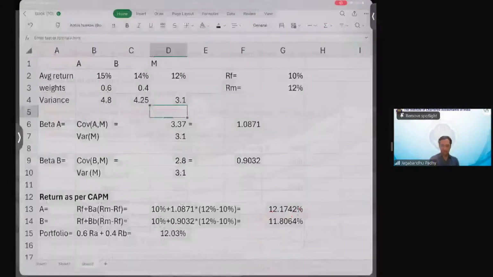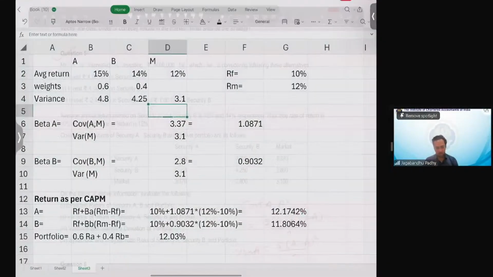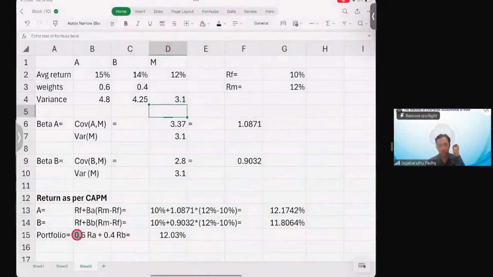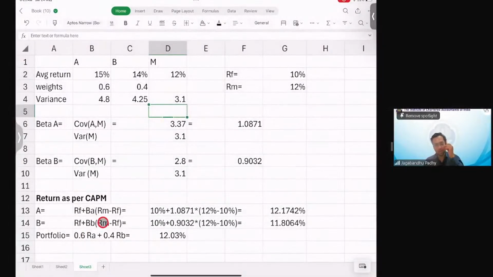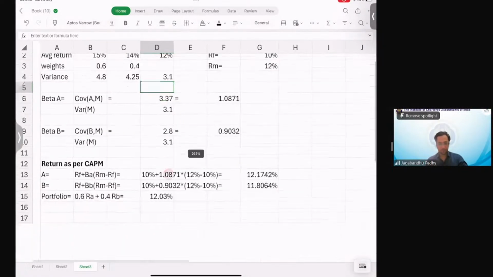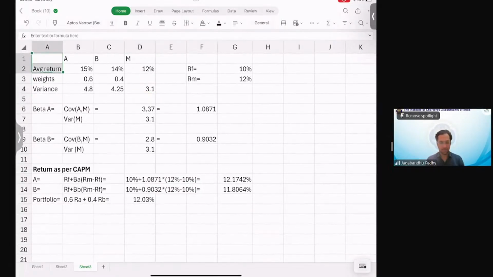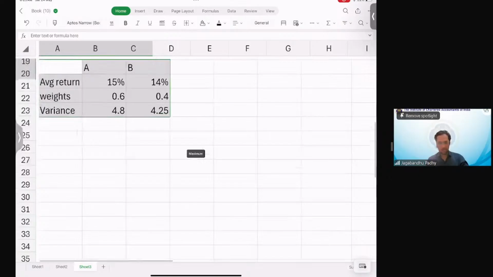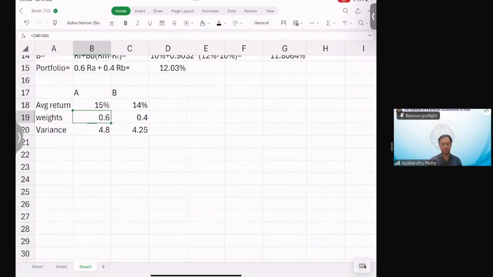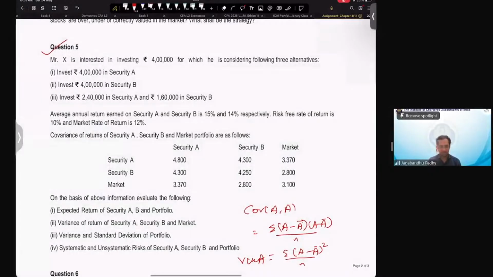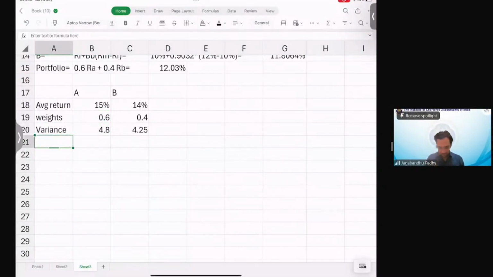So we now have to calculate the variance and standard deviation of portfolio. To do that, we need the covariance between A and B. We have the variance of A and B, we have the weights, we have the average return, and we need the covariance.